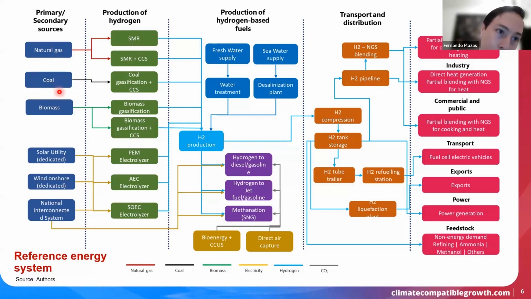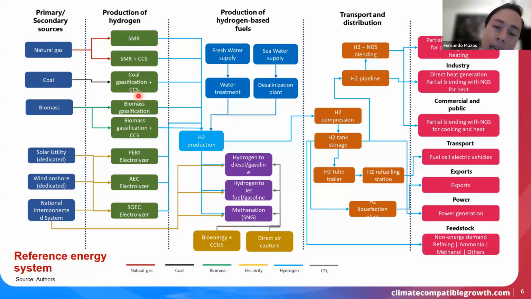But also, based on our important coal reserves, it could be an option to have coal gasification plus CCS, because let's remember that this is a hydrogen roadmap based on low-emission hydrogen production. It's not production of hydrogen considering the current methods, essentially steam methane reforming, because it is based on combustion of natural gas, so we are producing GHG emissions.